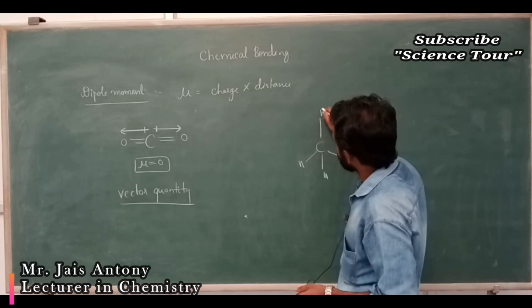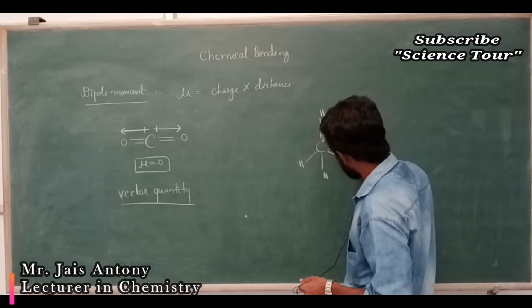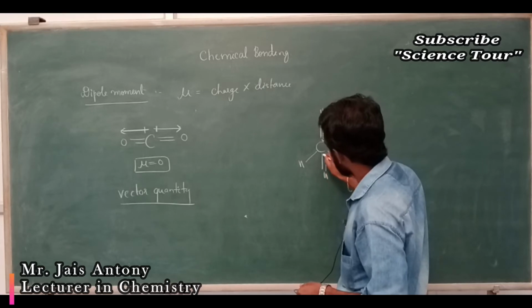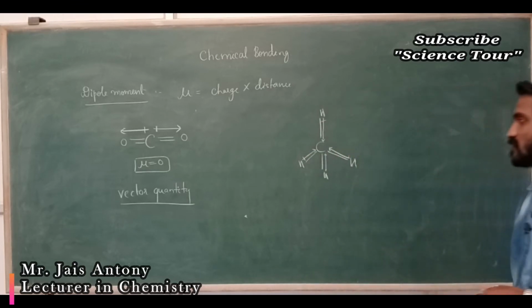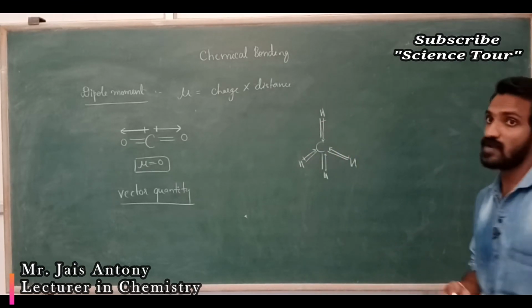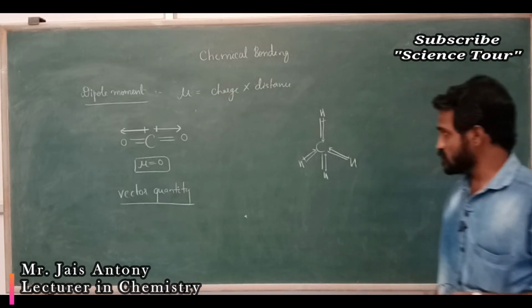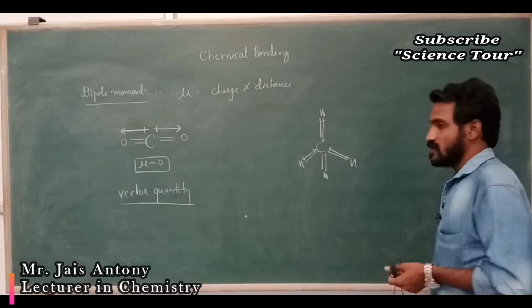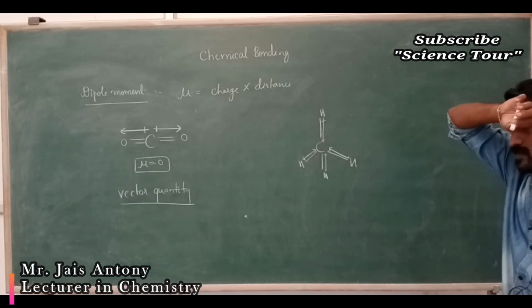The dipole moment takes place from H to carbon, like this, and here H to carbon dipole moment takes place, and here H to carbon dipole moment takes place. The polarity of electrons from hydrogen to carbon takes place because carbon is more electronegative. So you should find the resultant dipole moment for this particular molecule. At that time you will come to know whether methane shows any dipole moment.